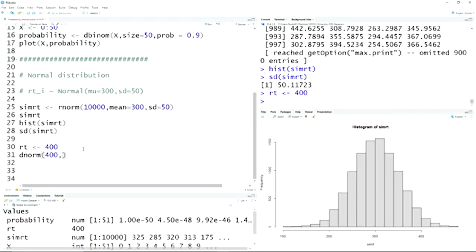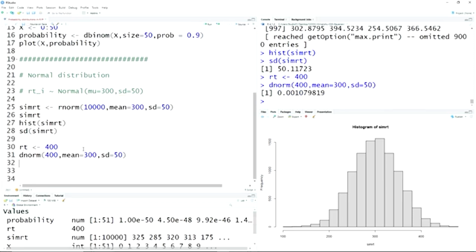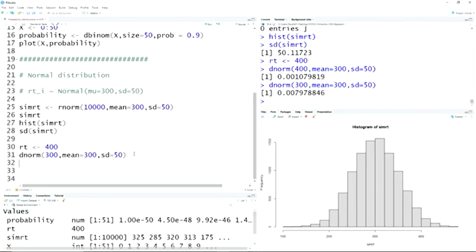For this value, you want to calculate the probability density, and the mean of the distribution is 300, SD is 50. So this would give us the probability density for 400, and the value is 0.00107.